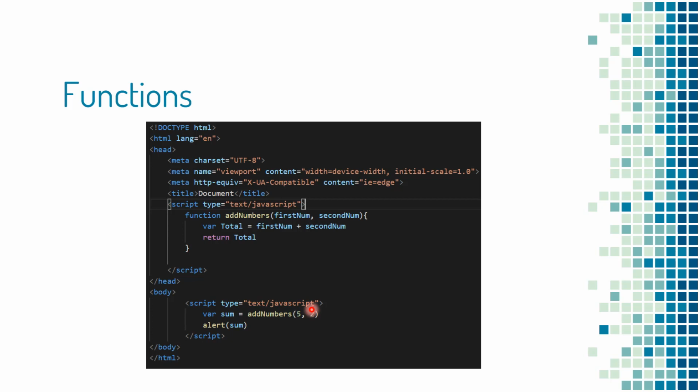Another important thing is functions. As you may know, a function is a group of statements grouped together to create one building block. Whenever you want to use it, you can reuse it in different projects or different locations, instead of typing everything all the time.